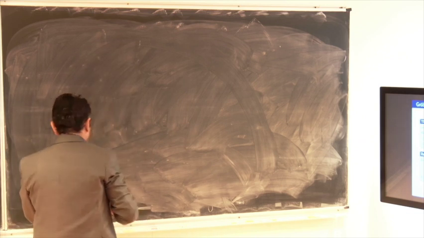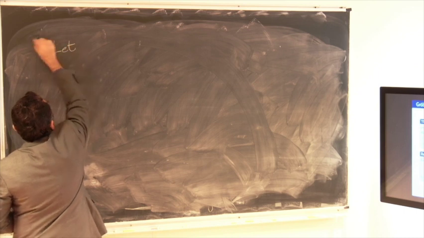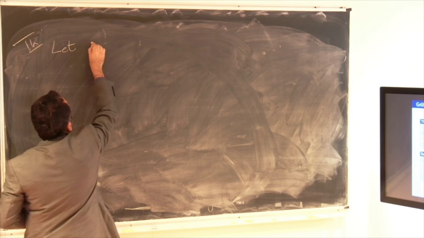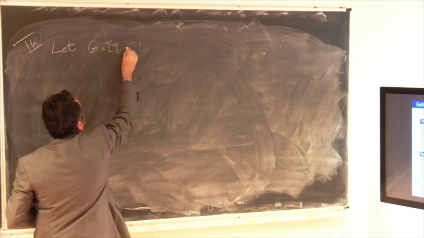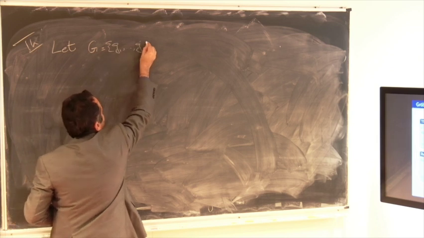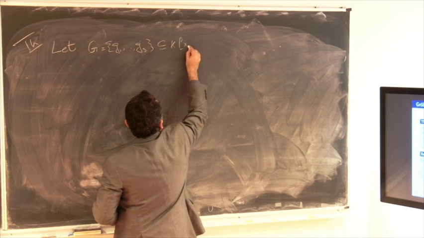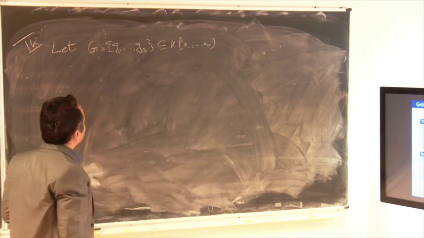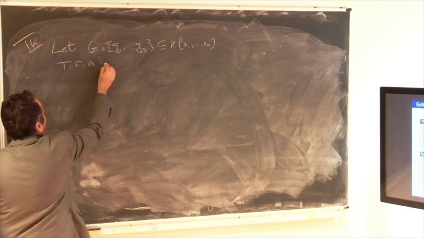Theorem. Let G equal G1 up to Gs in the polynomial ring K[x1, ..., xn]. Then the following are equivalent.